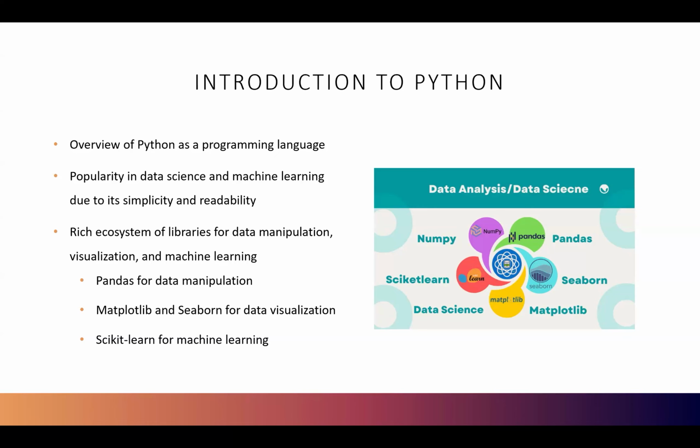There's this picture that I found online. I think this is a typo. It's supposed to be scikit-learn, not ET. I may need to change this. I found this image and I realized now that it's a typo.